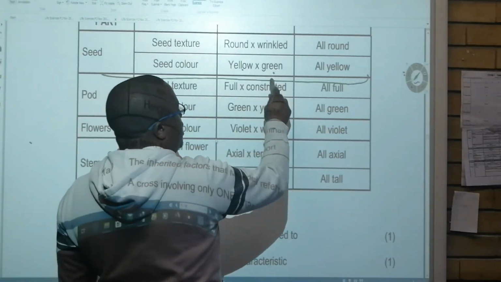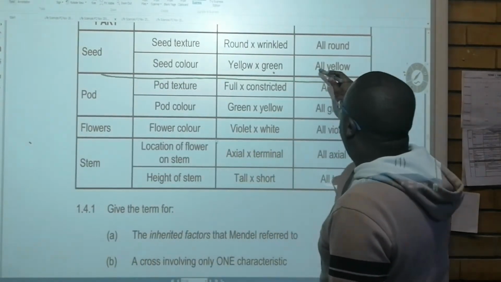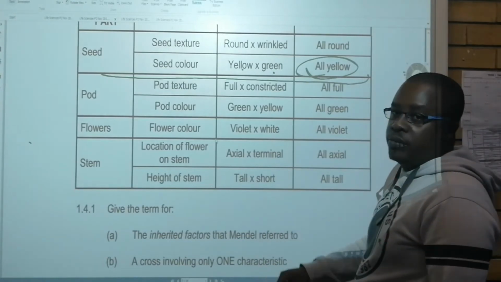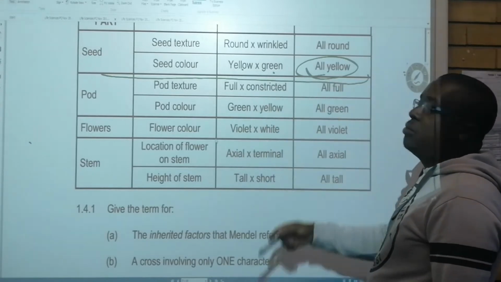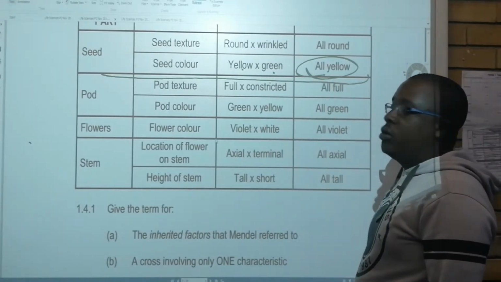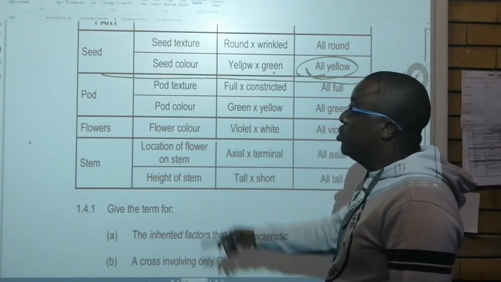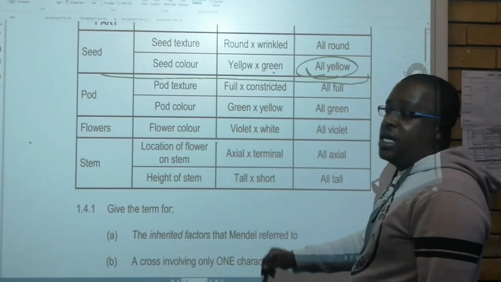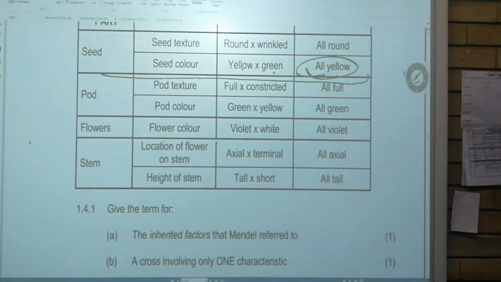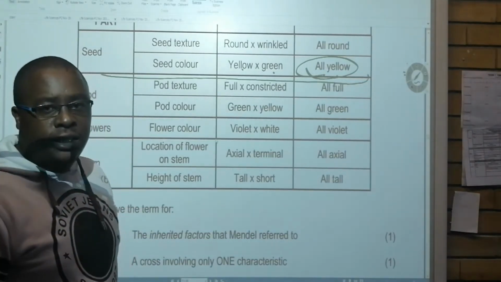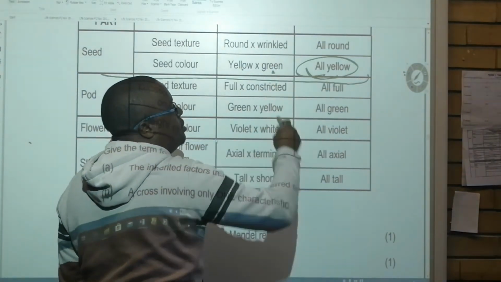We have yellow and green crossed from P1, and all the offspring F1 were yellow. But look, one parent was yellow, the other parent was green, and yet when we crossed them, all the offspring had yellow seeds. What does that tell us? That green is recessive to yellow. And these F1 offspring are heterozygous. They have a heterozygous genotype. Why? Because even though yellow and green gives us yellow, it means that the green is recessive.